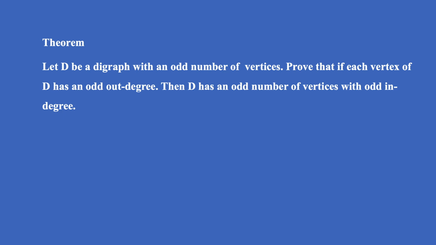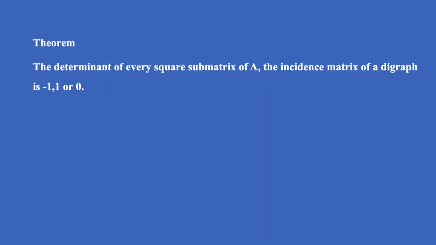Prove that if each vertex of D has an odd out degree, then D has an odd number of vertices with odd in degree. The next theorem, the determinant of every square submatrix of A, the incidence matrix of a digraph, is -1, 1 or 0.